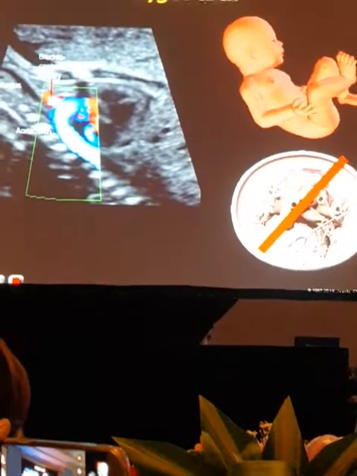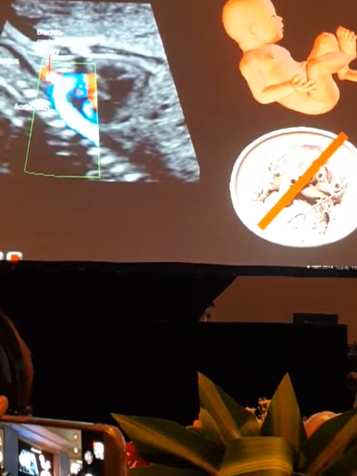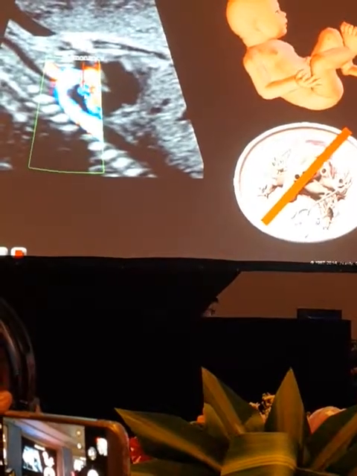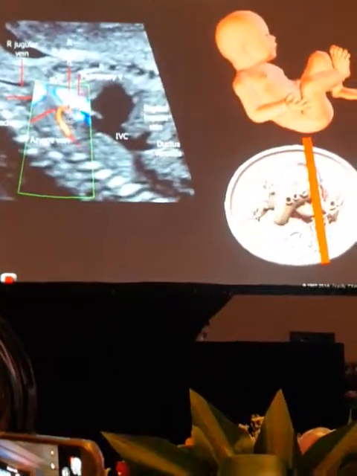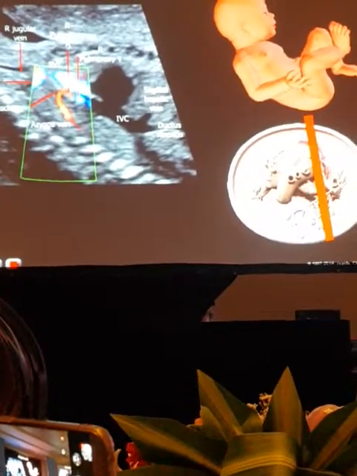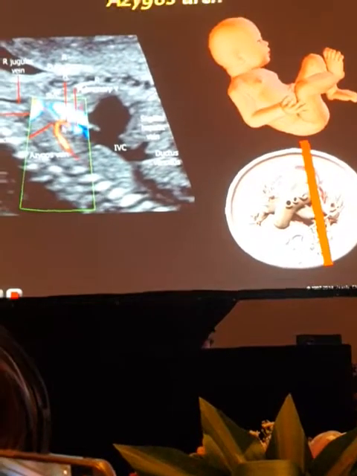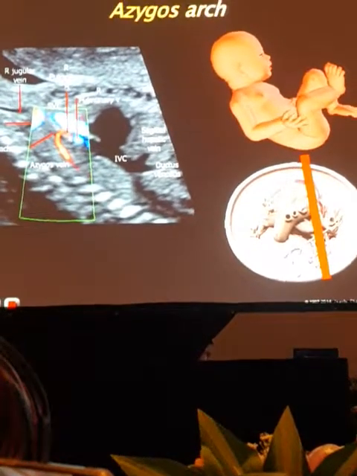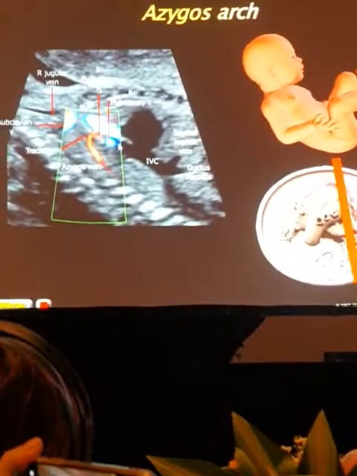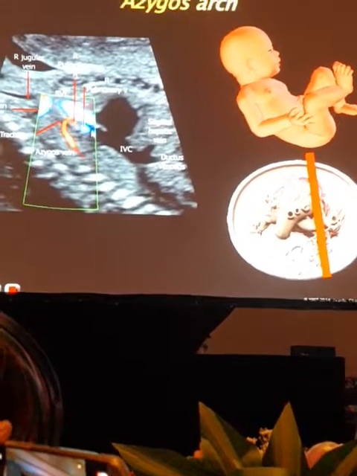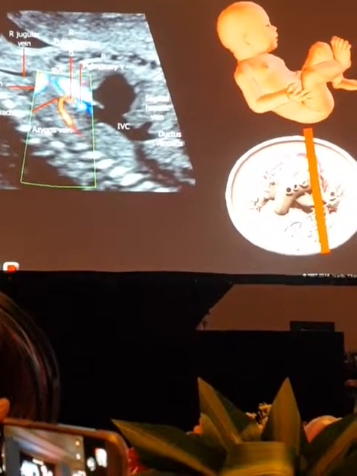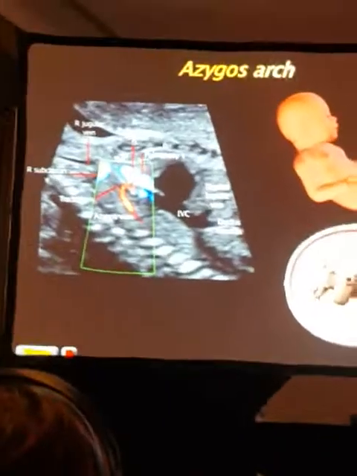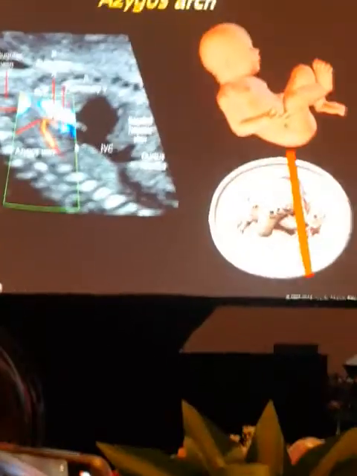So here I'm going through the aortic arch, and you see the aortic arch with brachiocephalic arteries, and underneath you see the pulmonary veins. And then we're going to turn, and now we see the azygos arch. That's a normal finding, and under the azygos you see the right pulmonary artery and the right pulmonary vein. Remember, the pulmonary artery is more resistant than the vein, and since the velocity is higher, the diameter is smaller than the pulmonary vein.